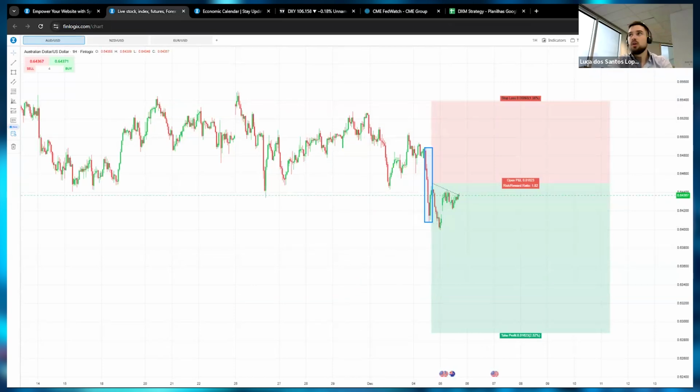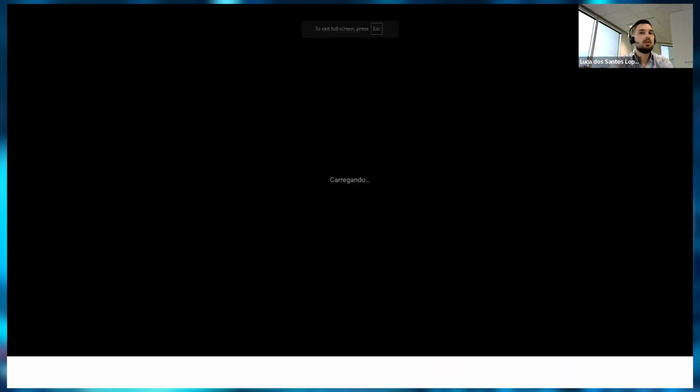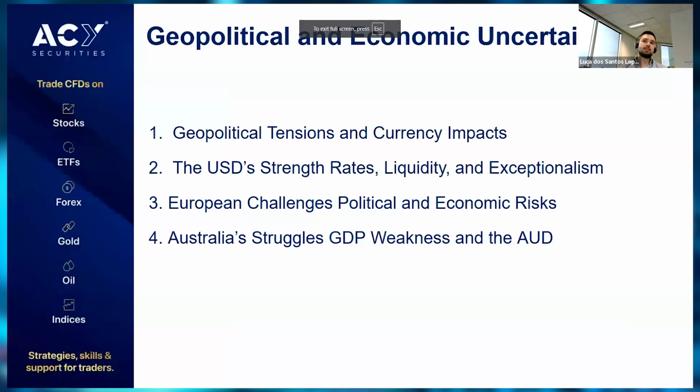All right, so let's wrap up for today. There's not much to talk about, so let's summarize a few key takeaways. Geopolitical events like those we had yesterday in South Korea highlight the need for safe haven assets like the US dollar.